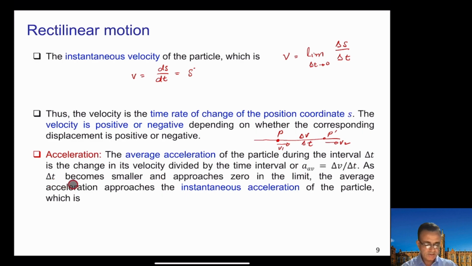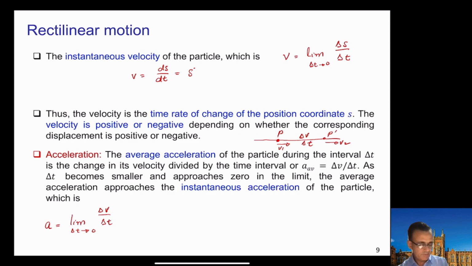As delta t becomes smaller and approaches zero in the limit, the average acceleration approaches the instantaneous acceleration of the particle, which you can represent by a. So a is equal to the limit, when delta t approaches zero, of the average acceleration, delta v divided by delta t.